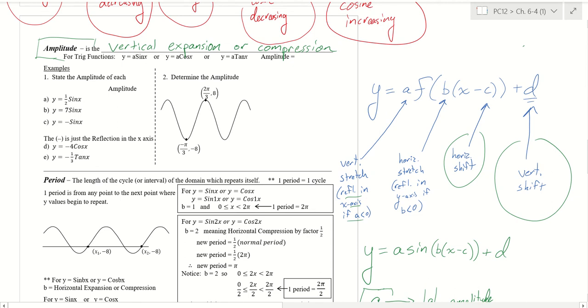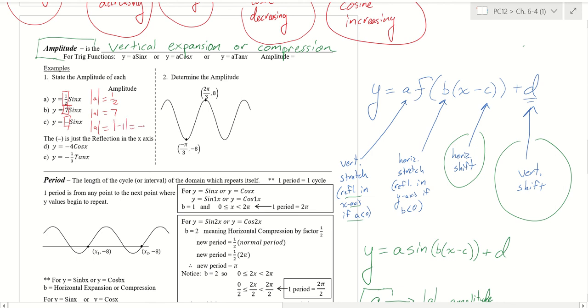Okay, so examples. State the amplitude of each of these following functions. Well, the amplitude is really just the number out in front, this factor out in front. So here the amplitude is 1/2. Here the amplitude is just the number in front, which is 7. Here the amplitude is just the absolute value of this a value, which is the absolute value of -1.